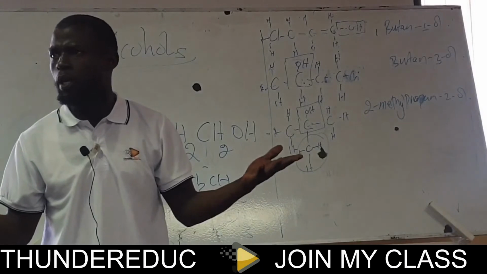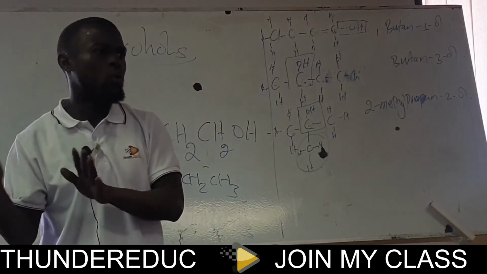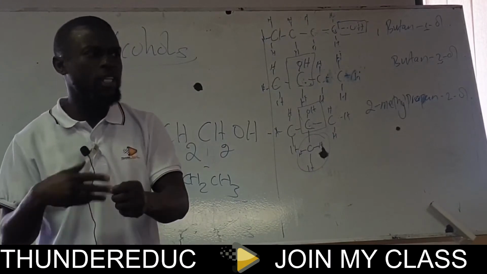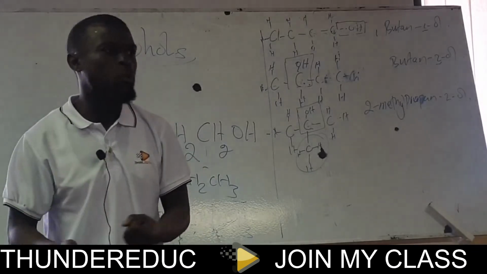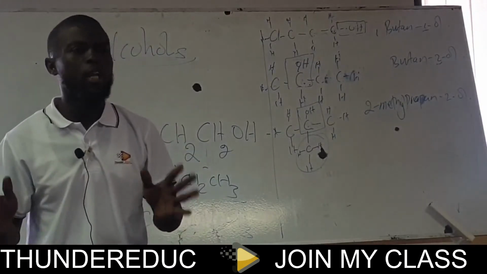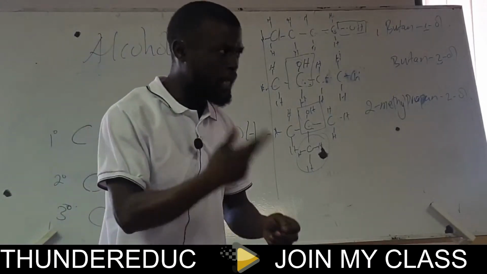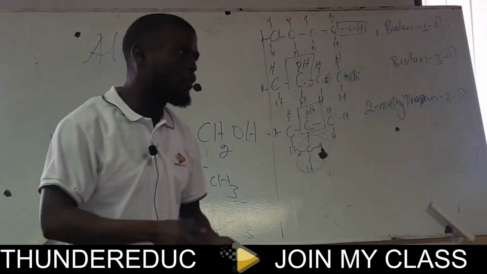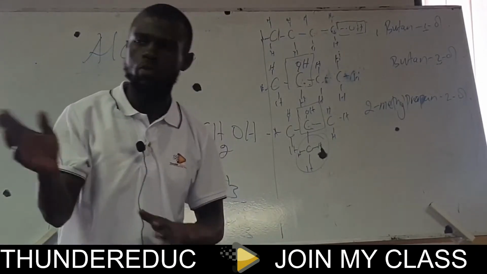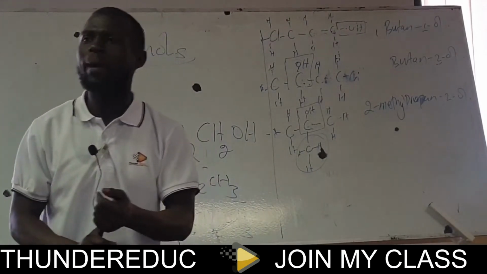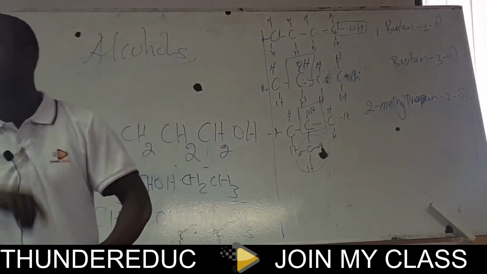Just remember, if you know how to name it, it's simple. Then we go to the esters. We look at esterification, done. Then after that, we see some few equations, and then we wind up with the properties. And then we know that organic chemistry is done. I give you a break of maybe 10 minutes just to stretch. Then we come back for rates of reaction and also chemical equilibrium. Then you go home.